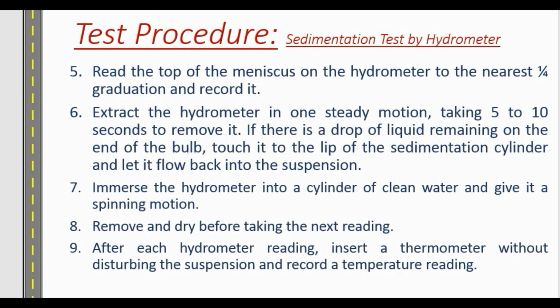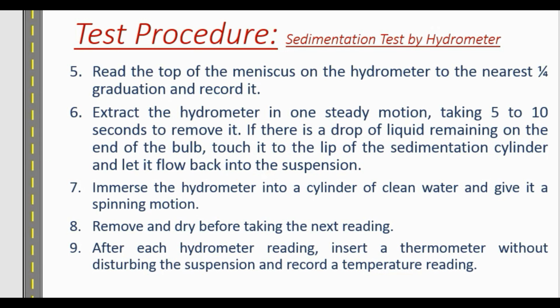This means there should be no particles stuck on the hydrometer. Immerse the hydrometer into a cylinder of clean water and give it a spinning motion for the purpose of cleaning, then remove and dry before taking the next readings.